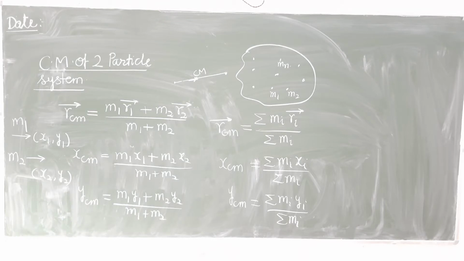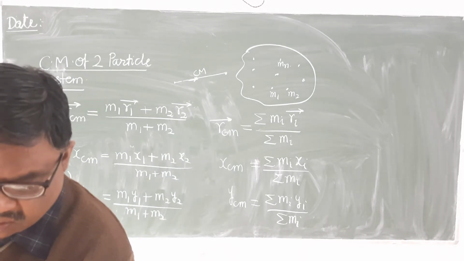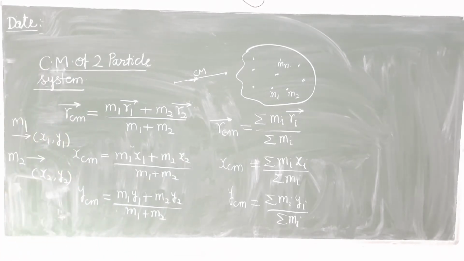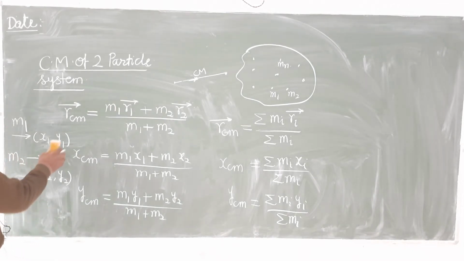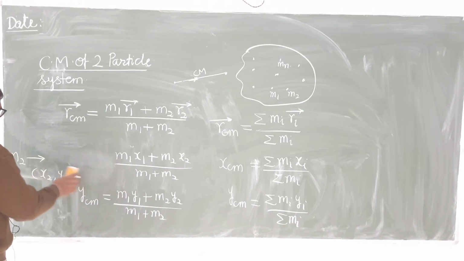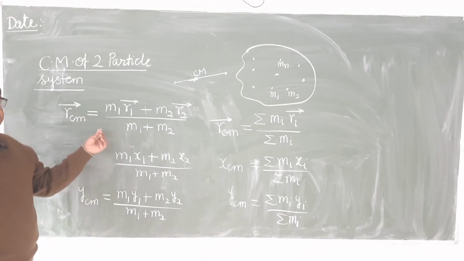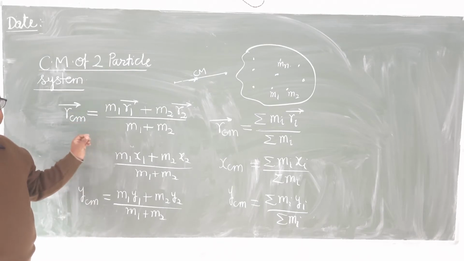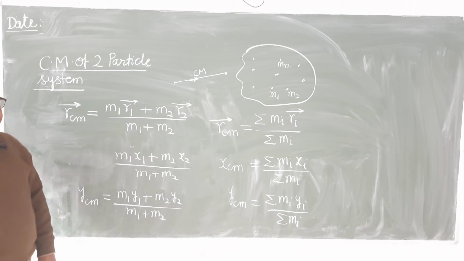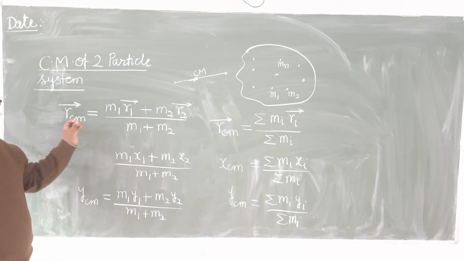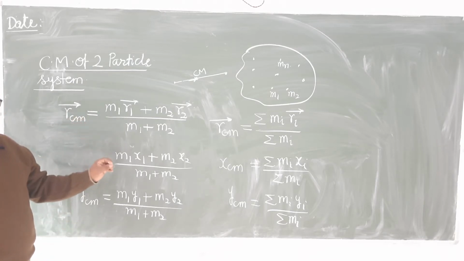Now today we will derive the formula for the velocity of center of mass. As we know, by describing the center of mass, the motion of a body can be studied in a simplified way. If we see the motion of individual particles, it is complicated.